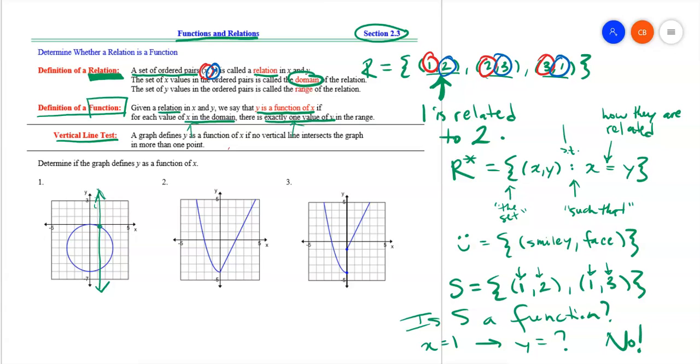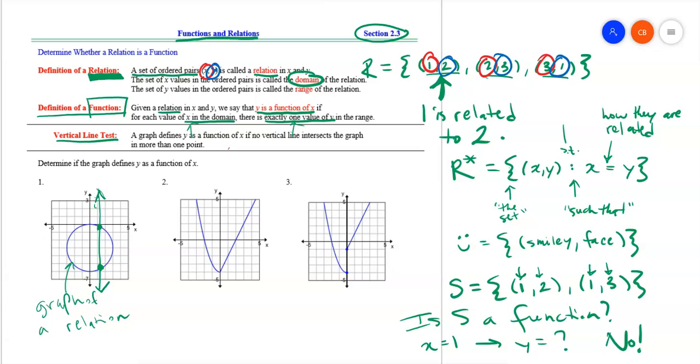And what you'll see, like for number 1, and we're just understanding the vertical line test by means of this example, since it crosses this relation, this here is a graph of a relation. And we're wondering, is this graph a graph of a function?